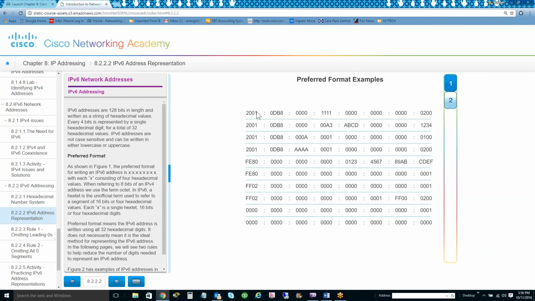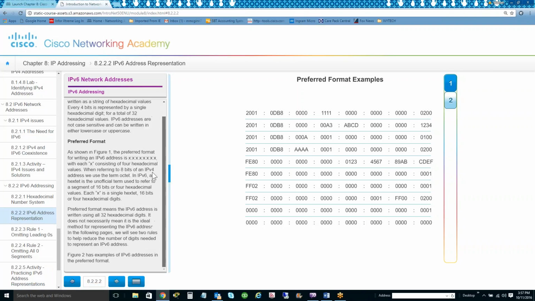So, some preferred format examples. Here's some different IPv6 addresses just listed in a list here. Now in terms of noting IPv6, there's some interesting rules.